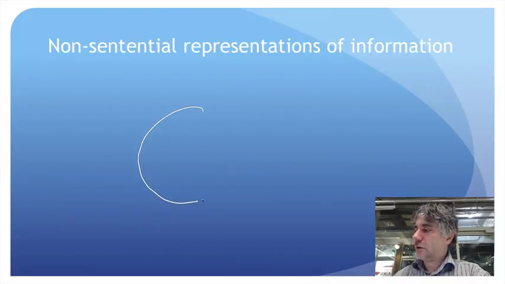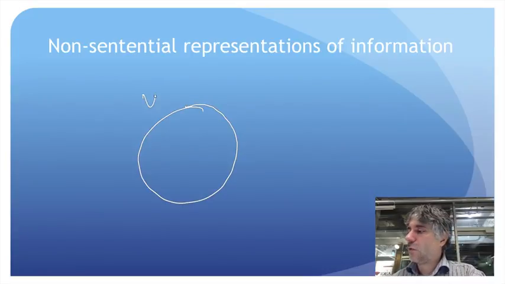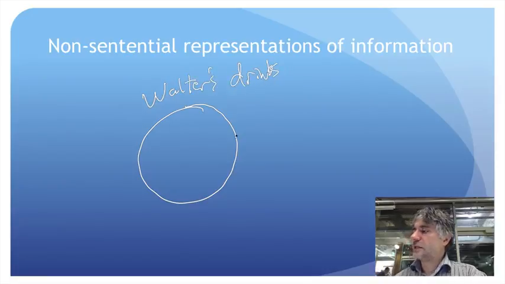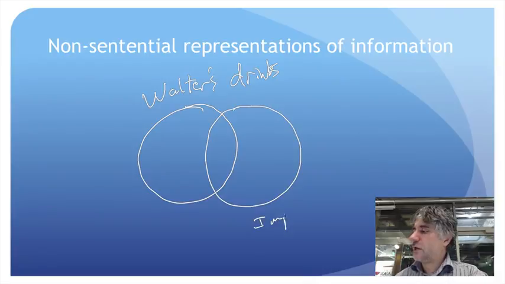First, we construct a circle to represent the category of Walter's drinks. And second, we construct a circle to represent the category of imported things.